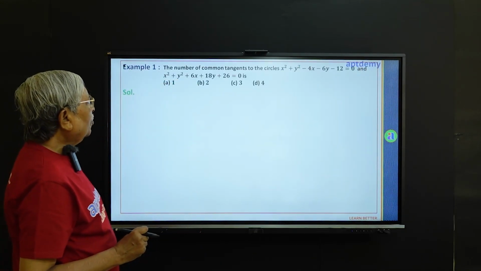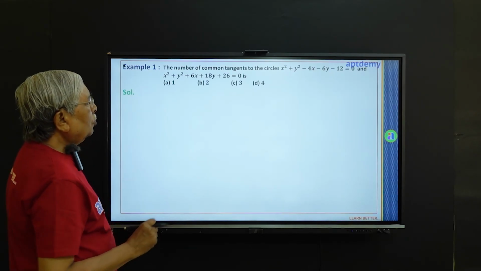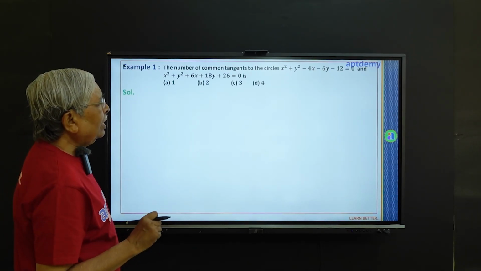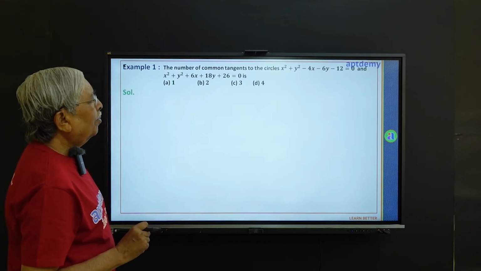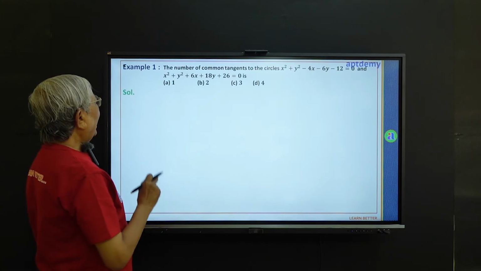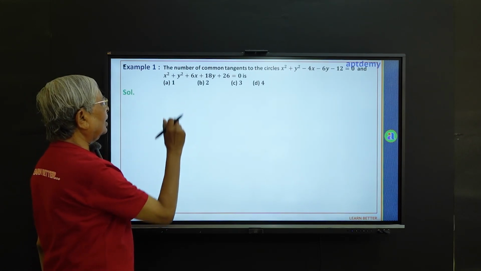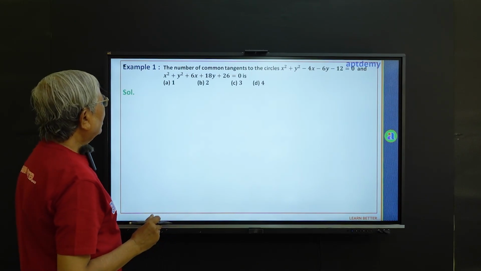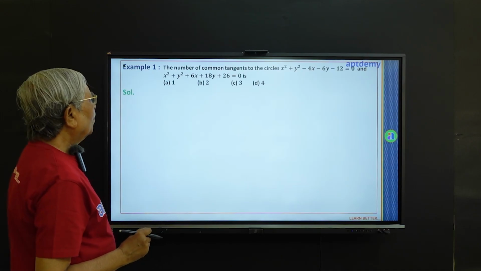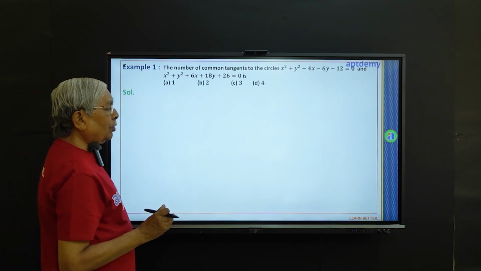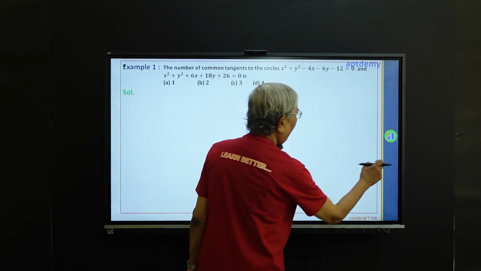So our first problem is the number of common tangents to the circle x squared plus y squared minus 4x minus 6y minus 12 equals 0 and x squared plus y squared plus 6x plus 18y plus 16 equals 0 is 1, 2, 3, 4. Which option is correct? The number of common tangents to the two circles. So, how do we find the common tangents?